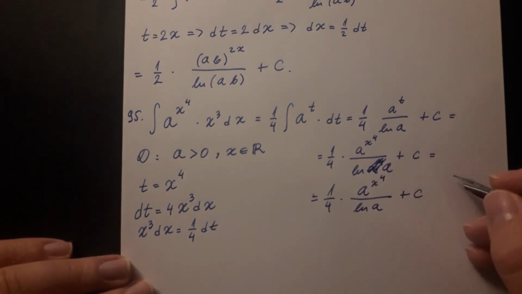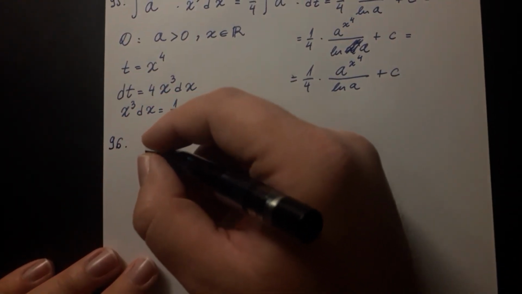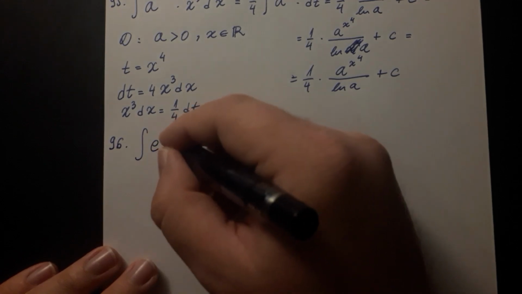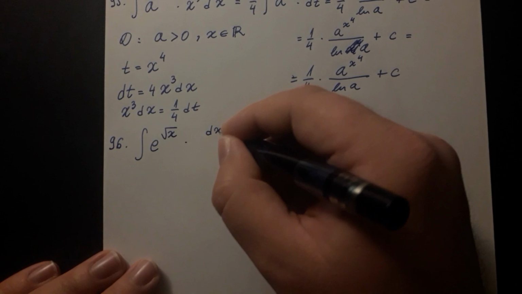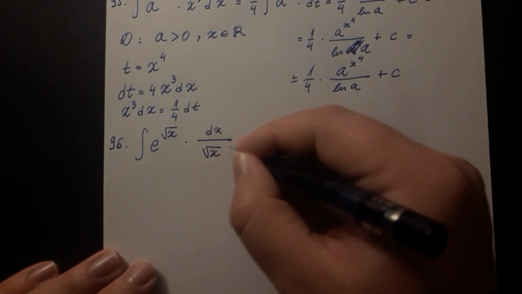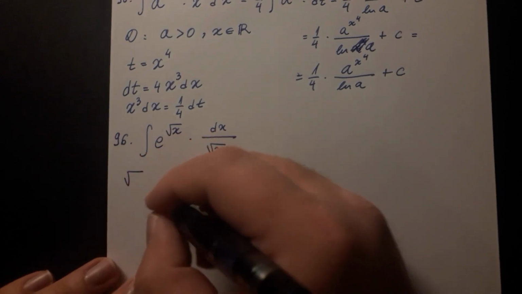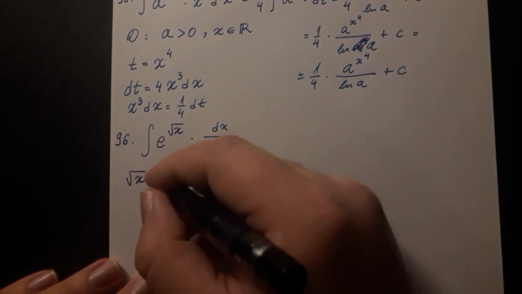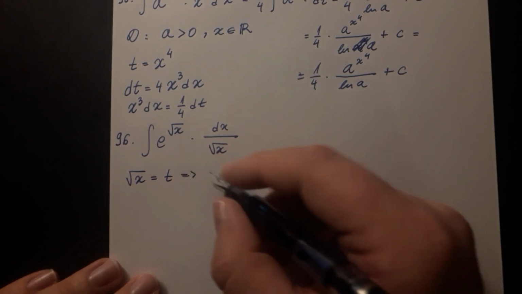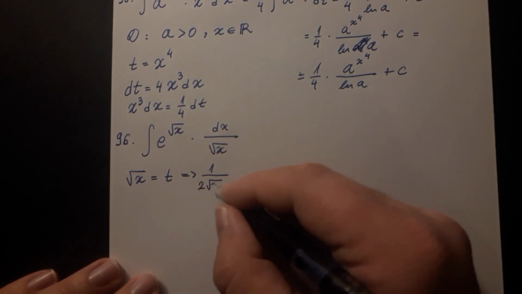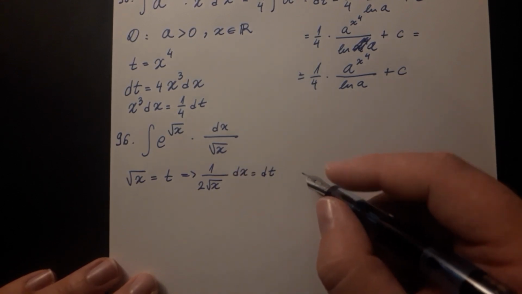So the solution is just 1/4 times a to the power x to the power 4 divided by ln of a plus c. Integral number 96 on our list is an integral of e to the power square root of x times a differential of x divided by a square root of x. We can solve this integral by introducing the substitution that square root of x is equal to t, and that means that 1 divided by 2 square roots of x dx is equal to differential of t.